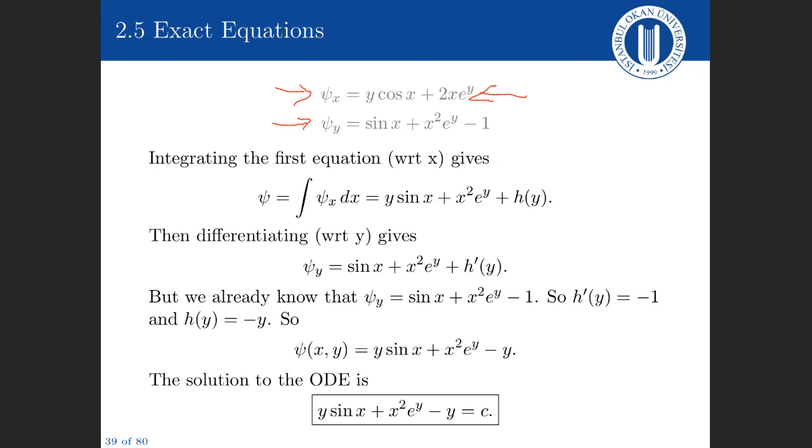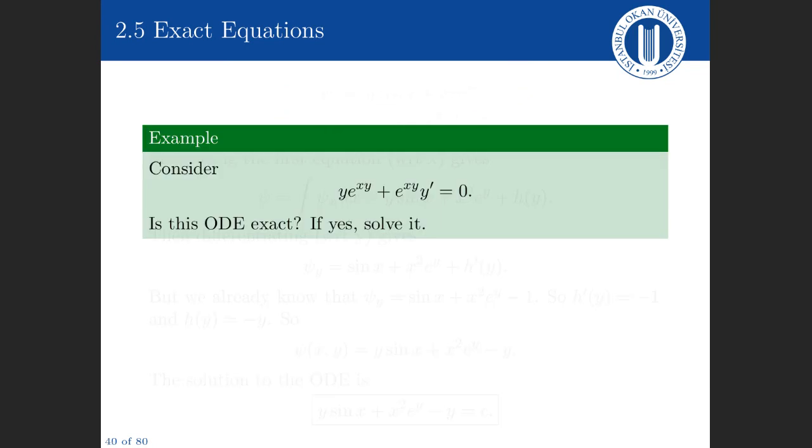Because I'm starting with the first equation, xi x, I integrate with respect to x, and then I differentiate with respect to the other variable y. I look at the second equation and I must find h. As soon as I found h, I know xi, and as soon as I know xi, I know the solution to the differential equation.